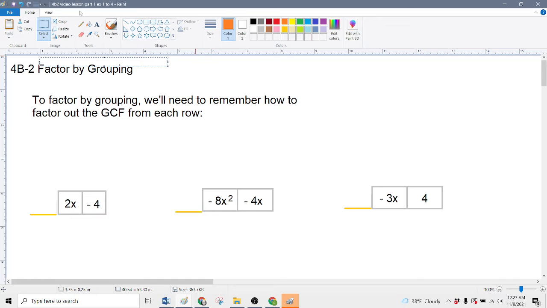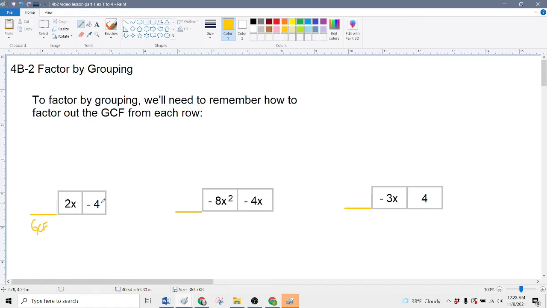And when we're looking at factoring by grouping, we're going to need to remember how to factor the GCF from each row. So we're going to do just a few examples to remind ourselves how to do that. When we want to find that GCF from the terms in our row, we're looking at the number part and the variable part.